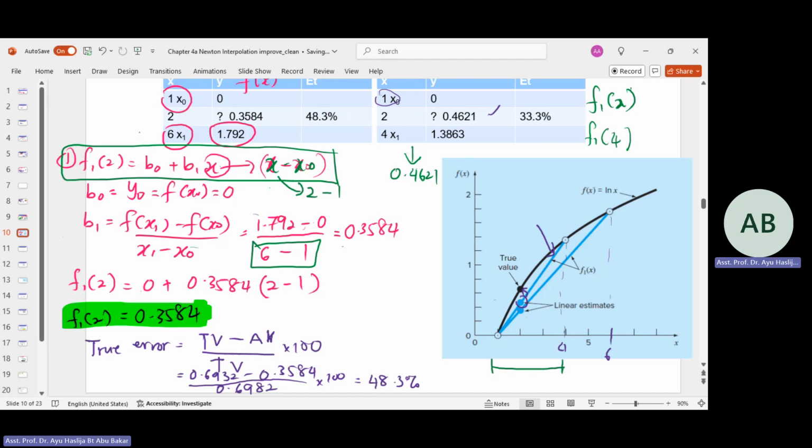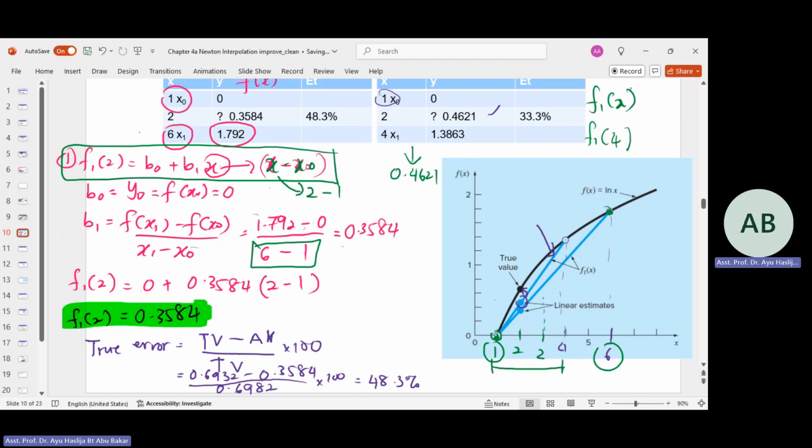So, from this figure, 1, 6. So, from point 1 to point 6, what is your y value when your x equals to 2? So, you need to find. Yes, here, 2.